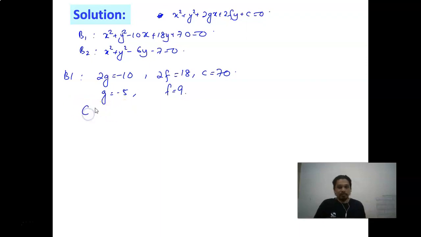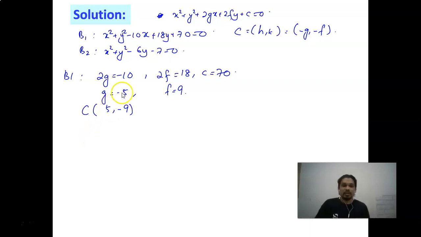So the center of circle B1 is (5, negative 9), because the center is (negative g, negative f). Okay, so the center of the circle is (5, negative 9), and c is 70.